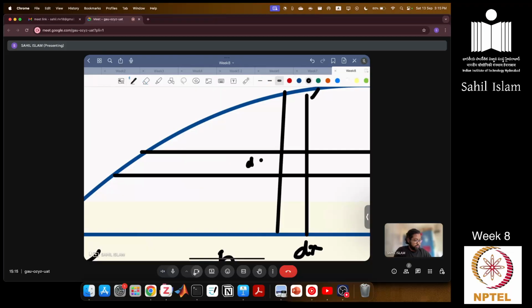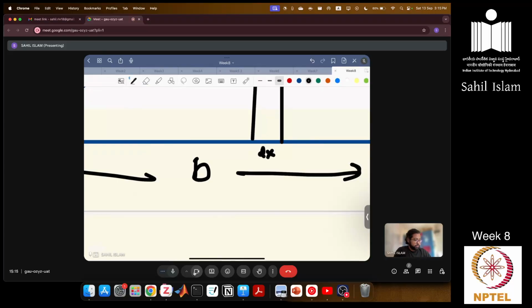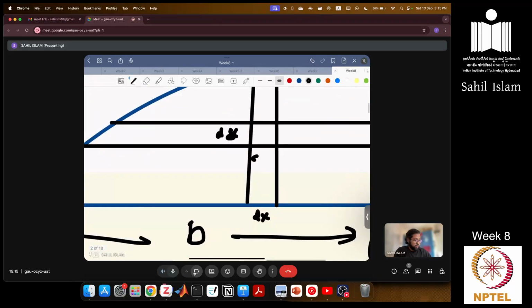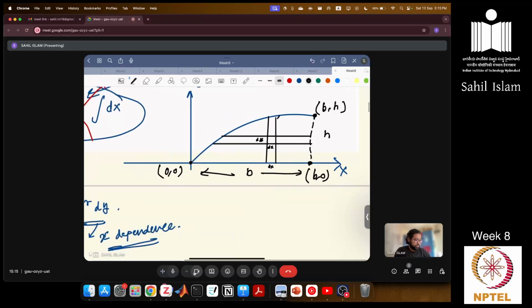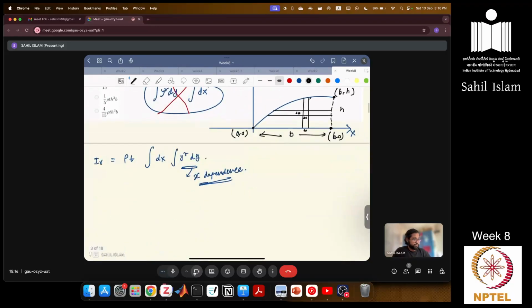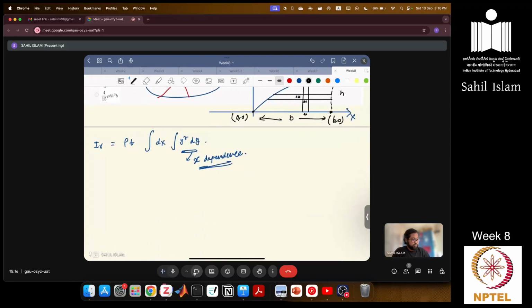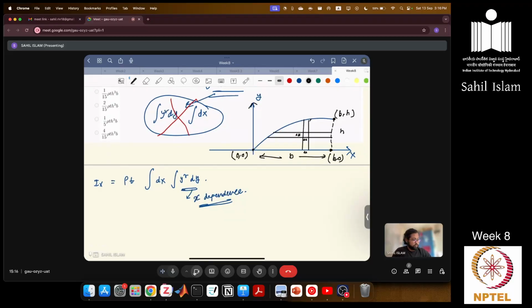So this is dy and this is our dx. So what if we do the y integral first, from 0? y starts at 0, so we have to do the integral over this plate, right?